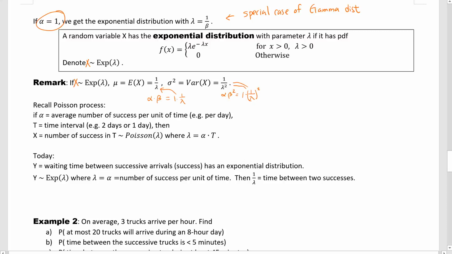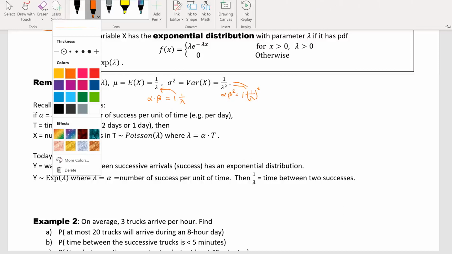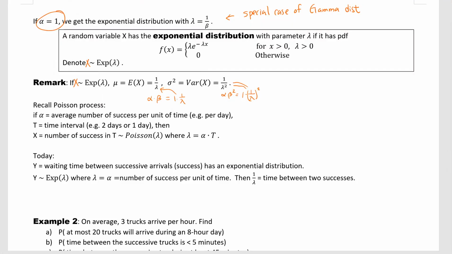So what is the main use of the exponential distribution? It's related to the Poisson process. Do you still remember the Poisson process from chapter 4? In a Poisson process, alpha is the average number of successes per unit of time.